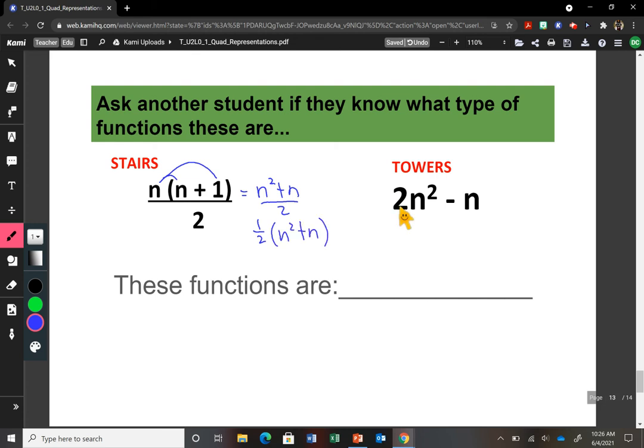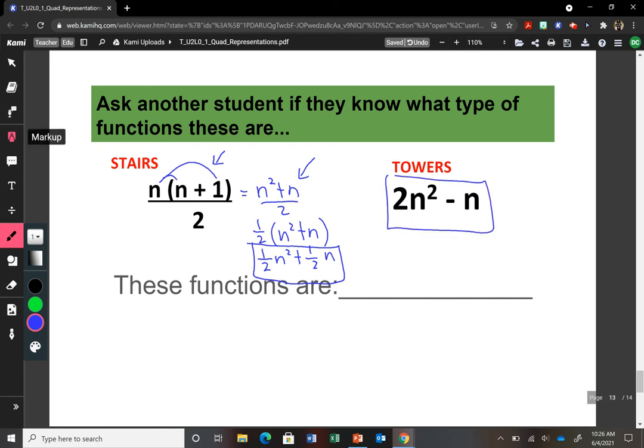And then I could distribute the 1/2, also write it as 1/2 n squared plus 1/2 n. It's supposed to be a 2 down there. Okay, there we go. So this is my equation. So this is all the same. They're all equivalent, right? And this is my equation for the towers.